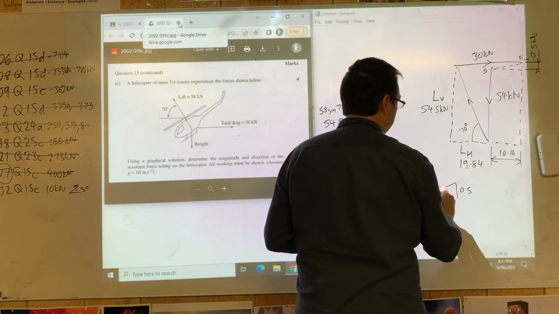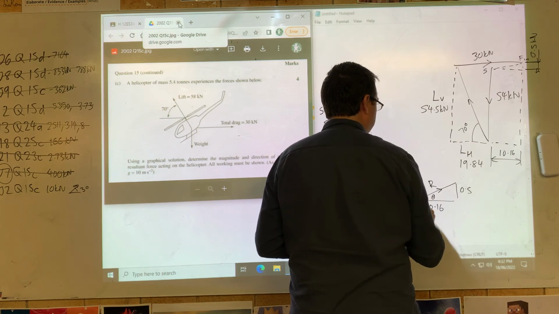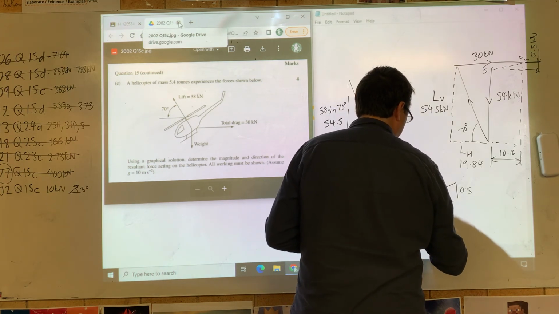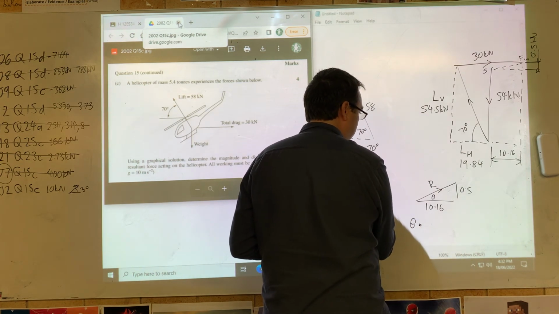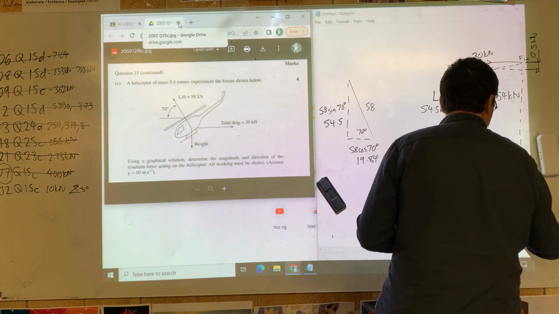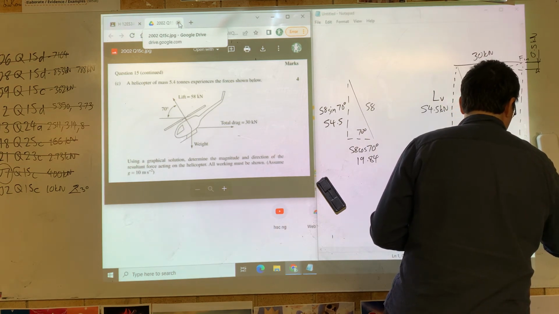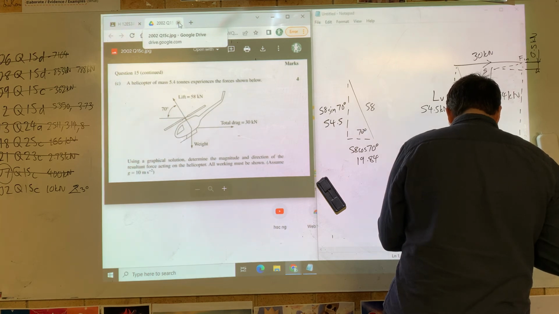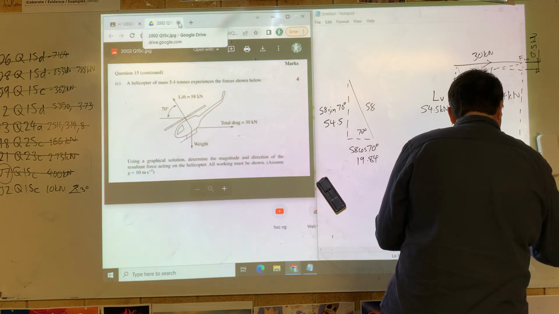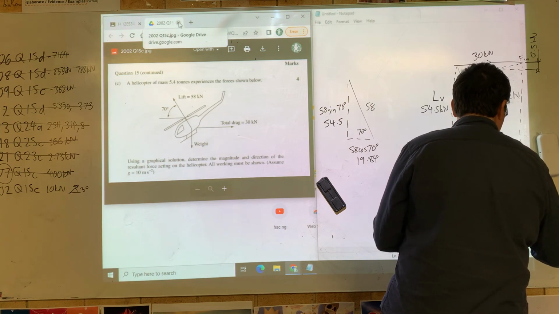To find this angle here, theta, is going to be opposite over adjacent. Normally I do the resultant first, but R equals the square root of 10.16 squared plus 0.5 squared. The square root of that is 10.17. Is that plausible? Yeah, it is. It's only very slightly bigger.